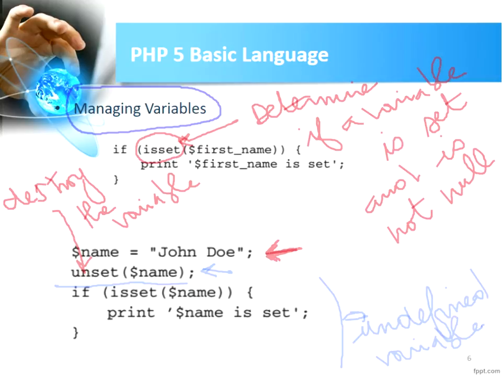Because I already destroyed the variable name, so the variable name is undefined. So keep in mind that isset determines if a variable is set and is not null. So the value of this variable is not null.